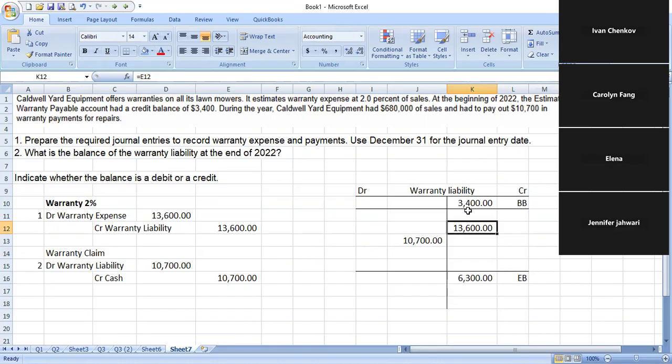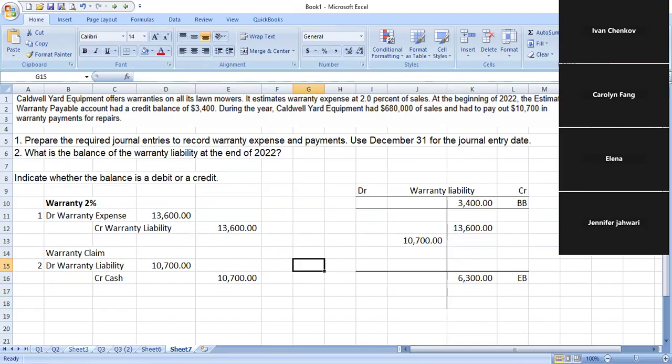Is it too high? I would say it's hard to tell. Now we have to see one more year. If we see the same pattern, then we have to reduce it. Because don't forget, and you're going to see this in taxation, warranty expense is not tax deductible, but actual payment of the warranty is tax deductible.